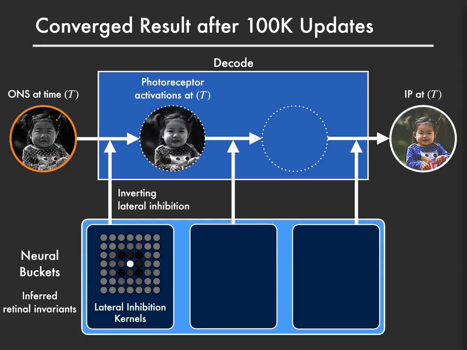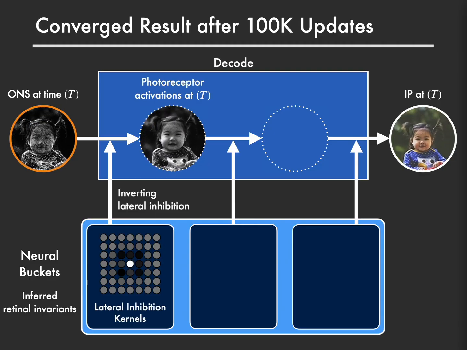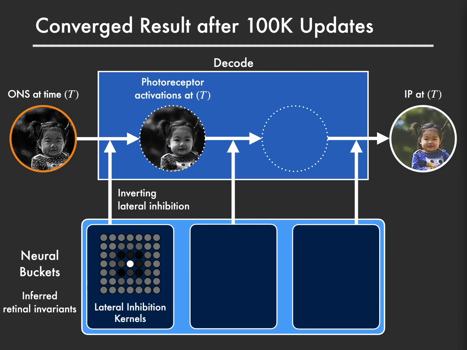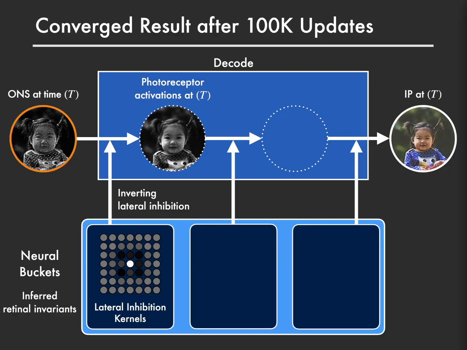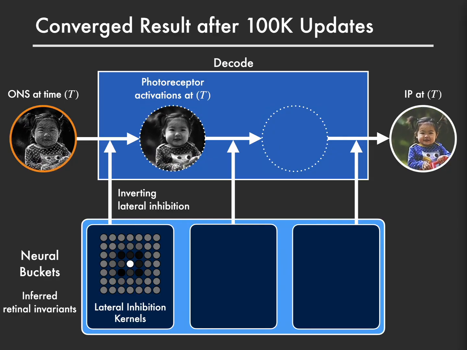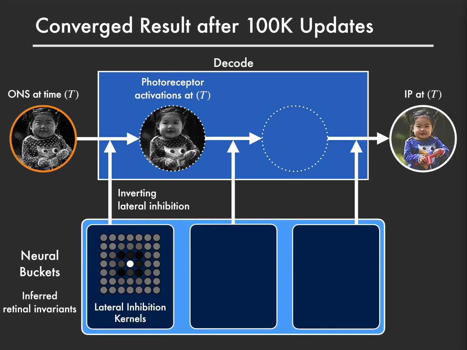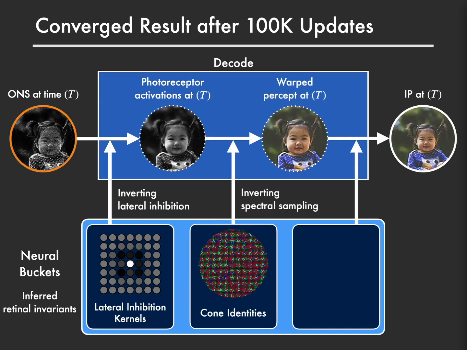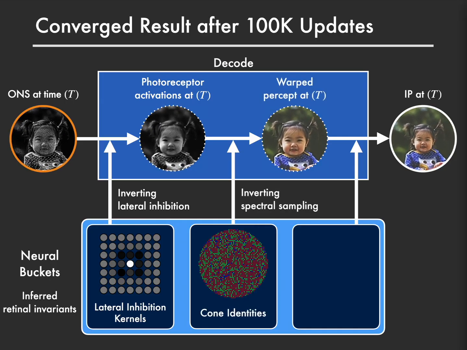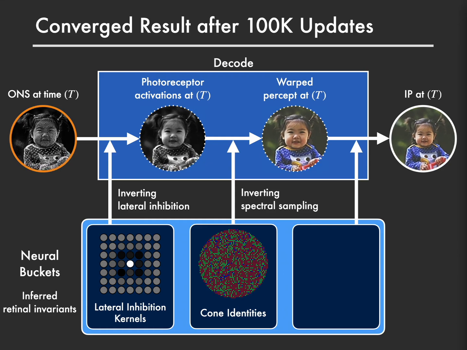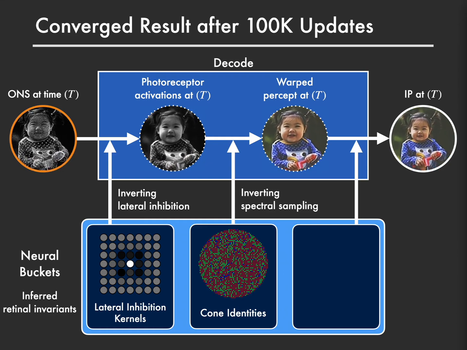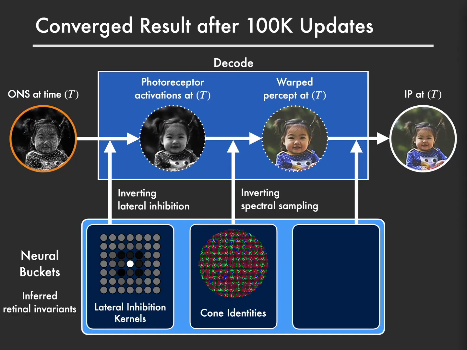For example, if the cortex knew how lateral inhibition were applied, it could invert that process to generate photoreceptor activations, or cone activations. Similarly, if the cortex knew the spectral identity of each cone cell, meaning each cone type, that would be useful to retrieve full color information.